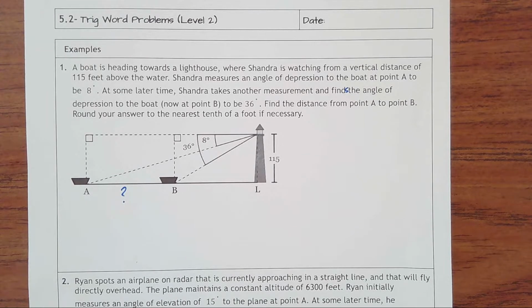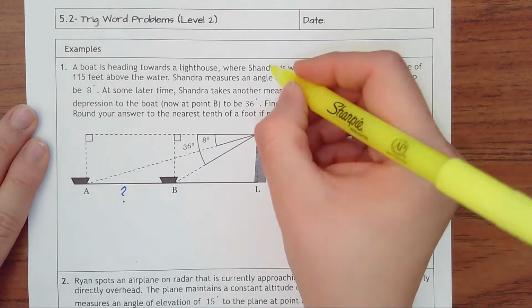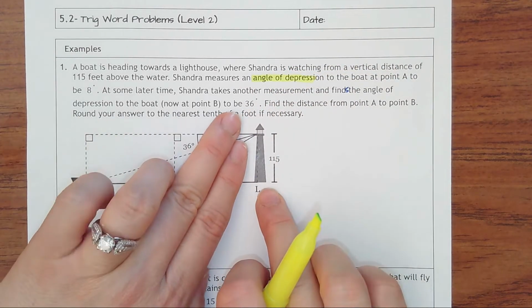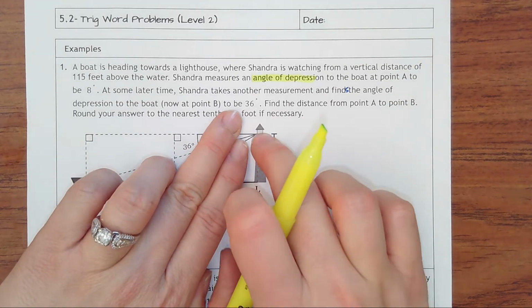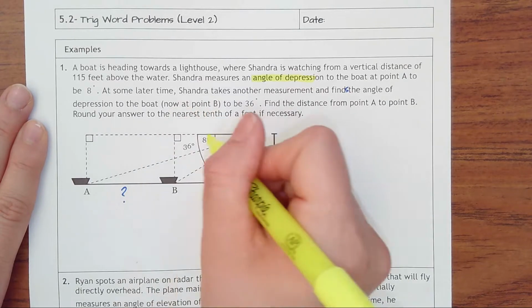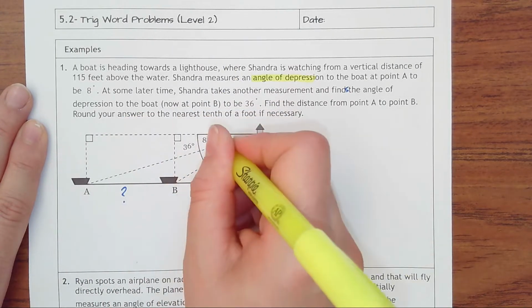Okay, I stole the pictures off of Delta Math. I figured that might be better than my drawing, but I find them a little bit confusing. We're talking about an angle of depression. So really the object we're going from is this lighthouse. Chandra's up in here. So remember, an angle of depression is looking out horizontally to looking down. So that's why this 8 degrees is right here.